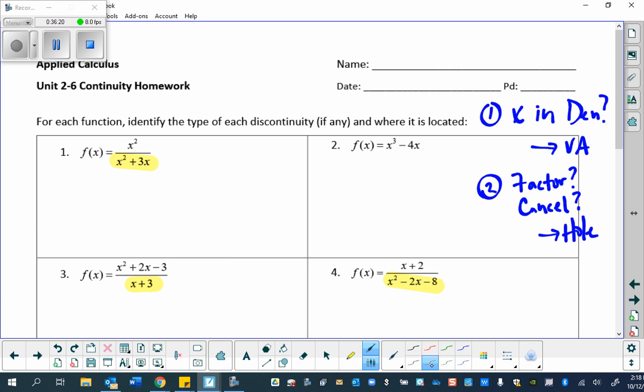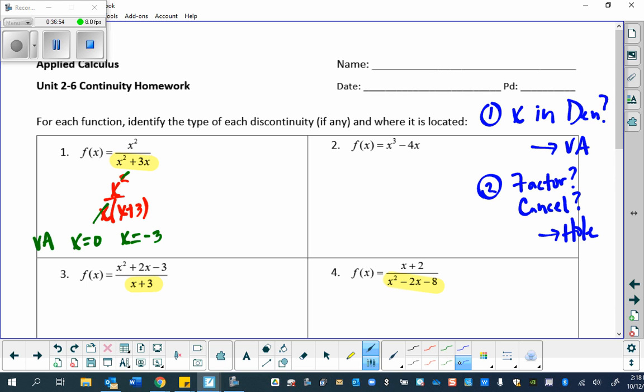Ready? If I go ahead and I take this graph and I say x squared over x times x plus 3, I can cancel out this x with one of those. Which means I lost one of my x's that causes a vertical asymptote. So originally, you might have thought that x is equal to 0 and x is equal to -3 are where our vertical asymptotes are.